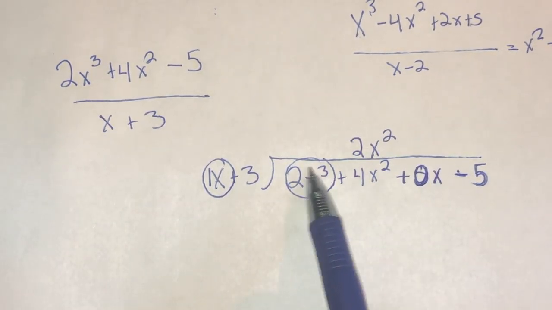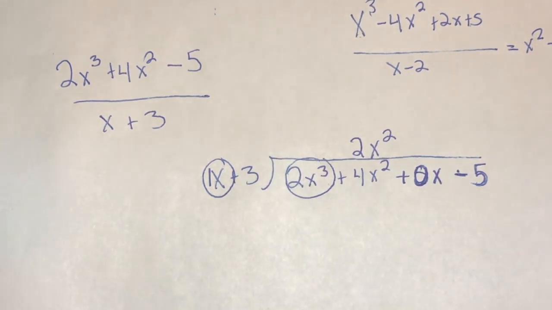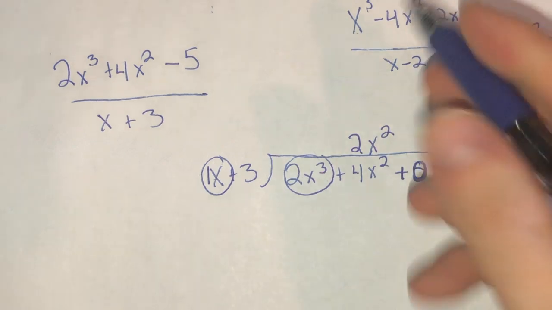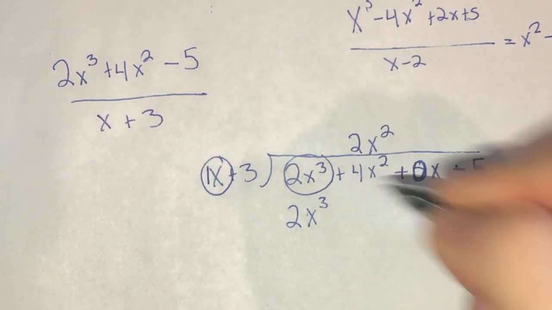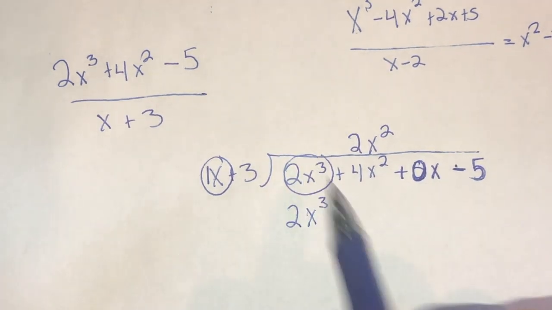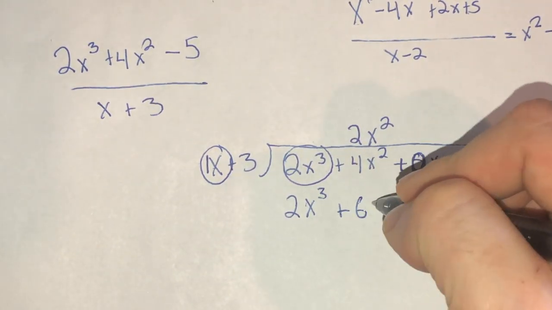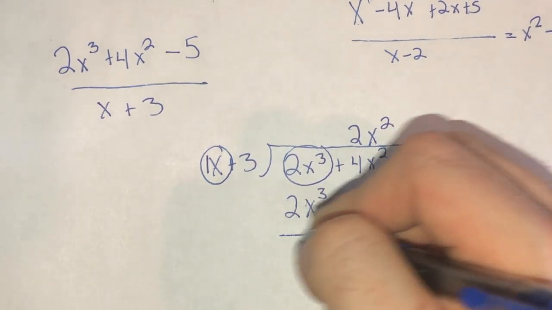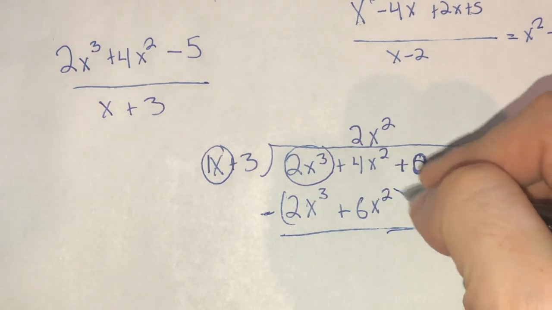So again, 2x squared times x equals 2x cubed. So that's why this is here. Then I'm going to multiply through: 2x cubed, and again, seeing that these are the same is extremely important, plus 6x squared. Now I'll do my subtraction.